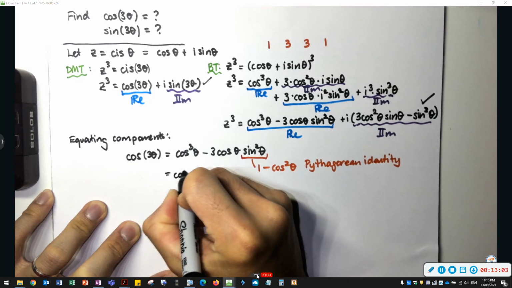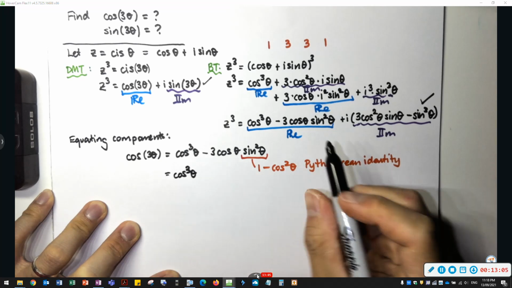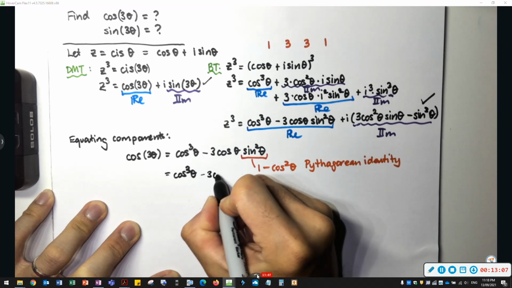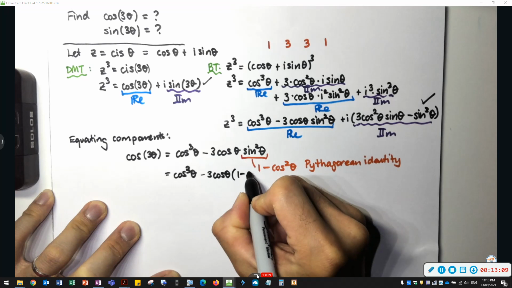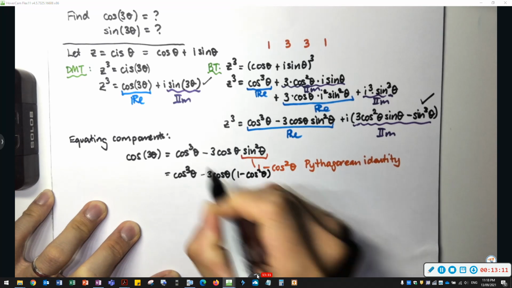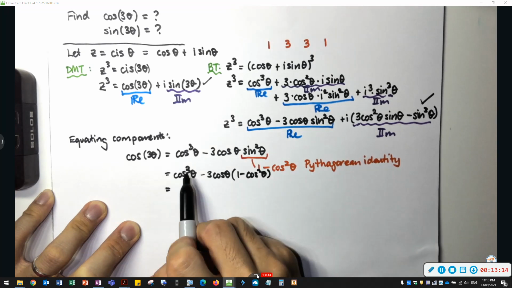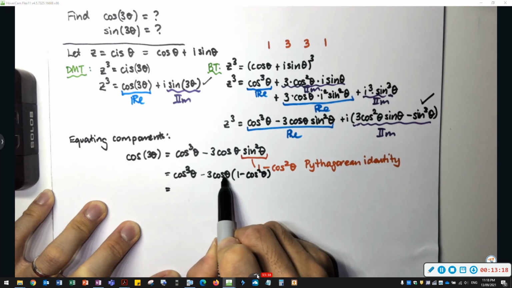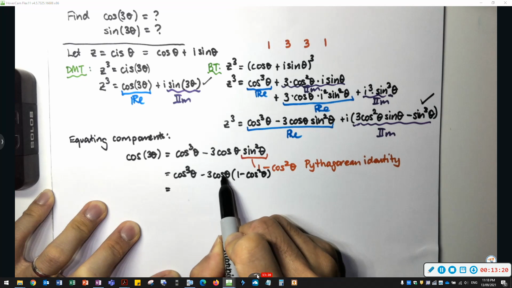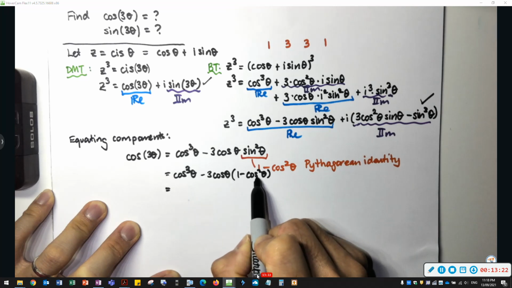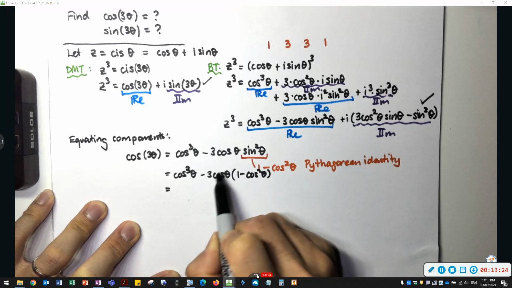So you're going to have cos cubed theta minus 3 cos theta in brackets 1 minus cos squared theta. So hopefully you can see there's a cos cubed theta here, and there's a minus 3 multiplied by this other cos squared theta here as well. That gives me another plus 3.